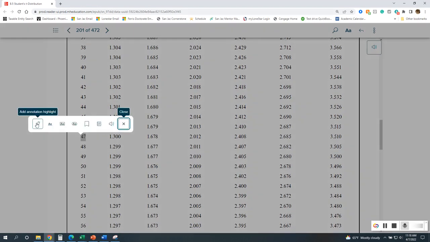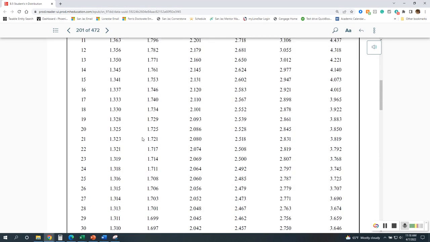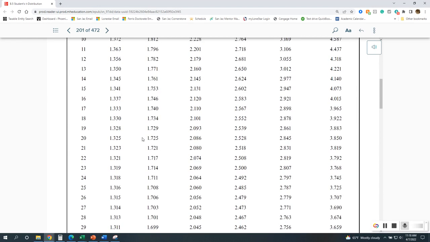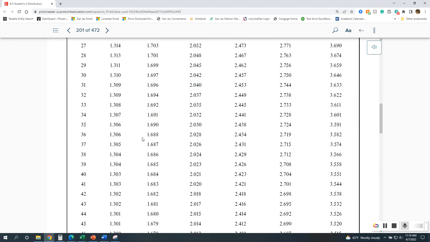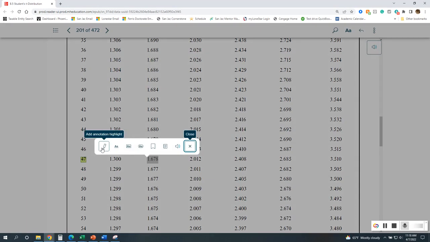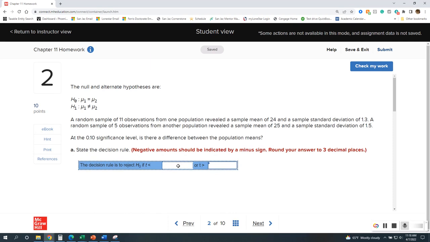Here's 47. Okay, and 0.1 was the second column, which is right here. There we go. So 1.678. So again, negative 1.678 and a positive 1.678.